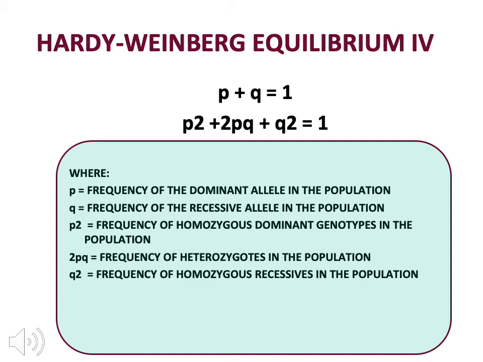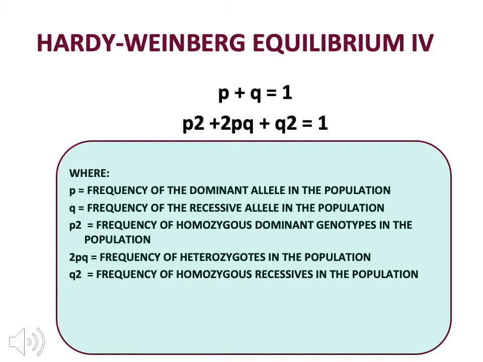Let's suppose 50% of the loci in a population is occupied by the dominant allele. 50% is 0.5. So P would be 0.5. That would mean that the other 50% of the loci are occupied by the recessive allele, and that would be Q. So 0.5 for P plus 0.5 for Q equals 1, or 100% of the population.